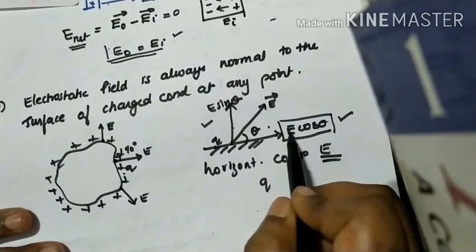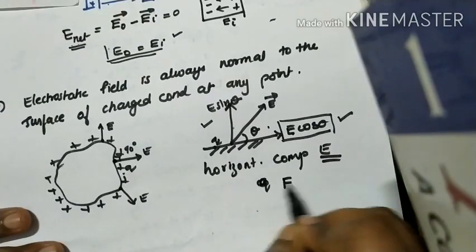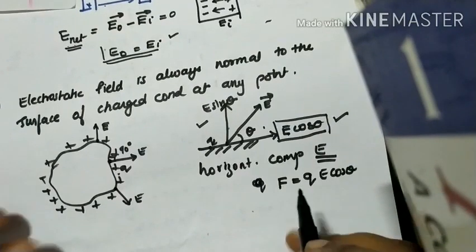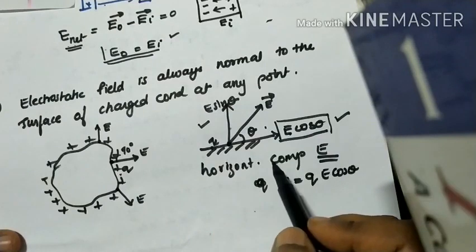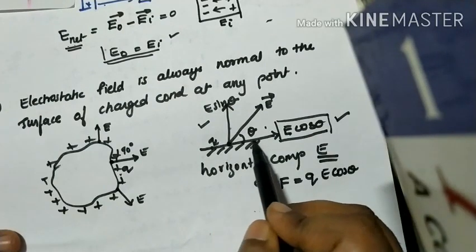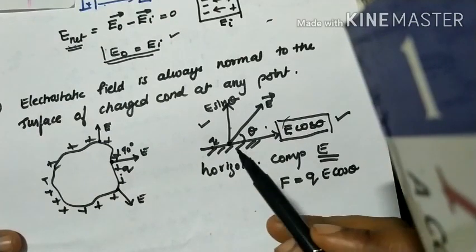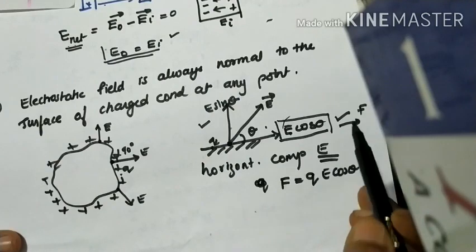There is Q and there is E. That means there is a force, and that force is equal to Q E cos theta, right? What do you mean by force? That means this charge is going to move in this direction because of E cos theta. Q into E cos theta means there is a force in this direction.